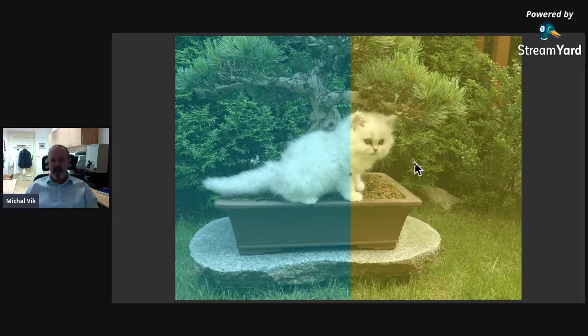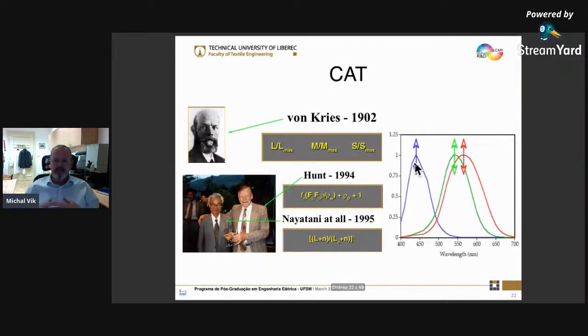That means our eyes are able to adapt to the color of the light source. This phenomenon was described by Dr. von Kries at the beginning of the 20th century, and later by other researchers, as you can see here, Professor Nayatani and Professor Hunt. What was von Kries' concept?